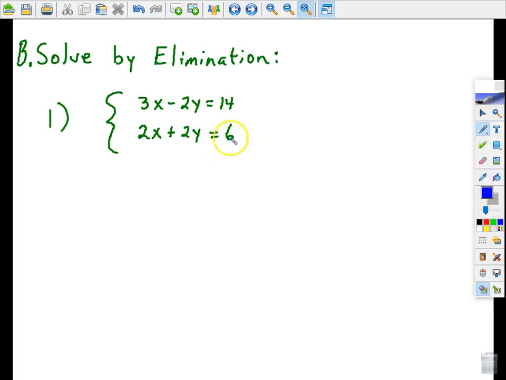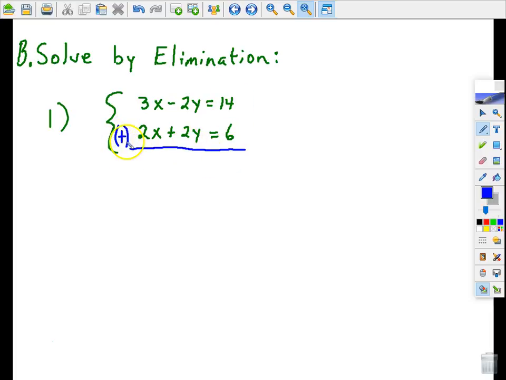So this particular example is set up perfectly for the elimination method, because if you notice, these y terms are opposites, and all it will take to eliminate y, or again you could think of the word cancel y, is to add these two equations together. That's going to involve adding all of the like terms together.